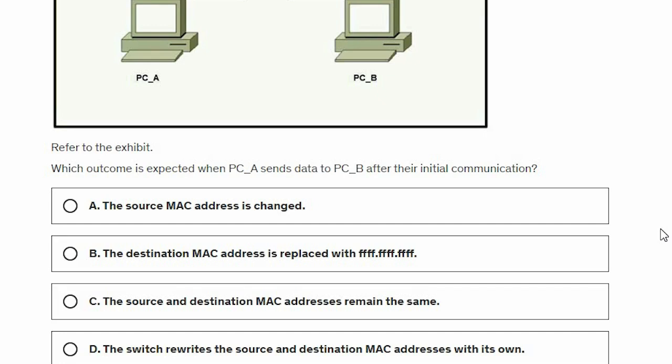D. The switch rewrites the source and destination MAC address with its own. Pause the video, then answer this question. The correct answer is C. The source and destination MAC address remain the same.